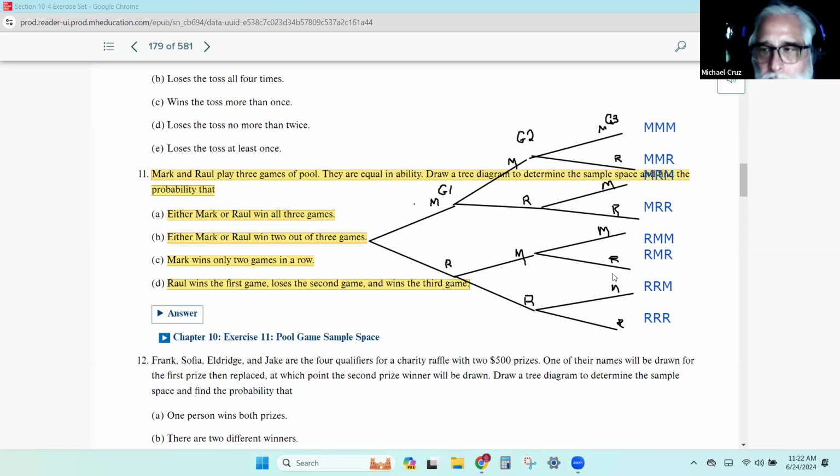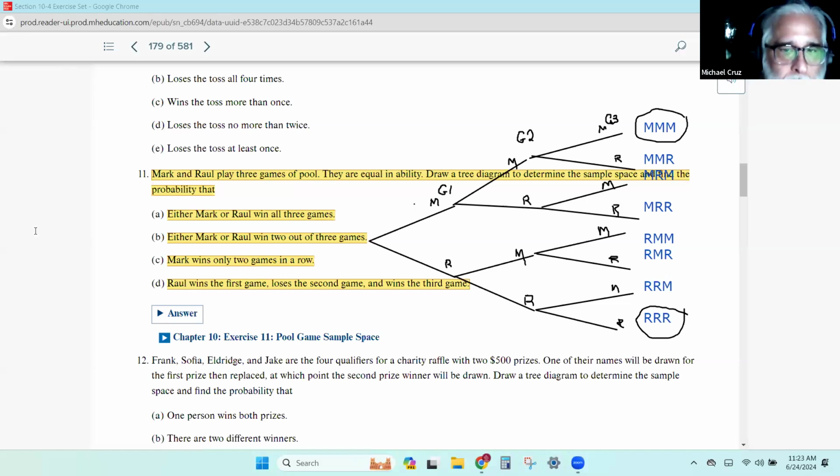All right. So draw a tree diagram to determine the sample space. So that's done. Now, question 1 is either Mark or Raul win 3 games. Well, there's only one possibility for each one to win 3 games. All right. So one of each, and it's or.